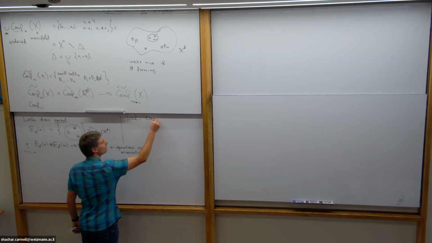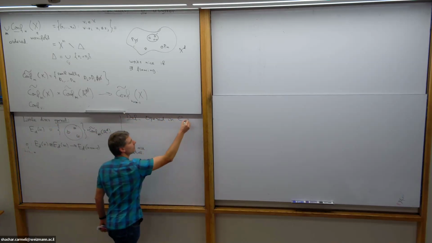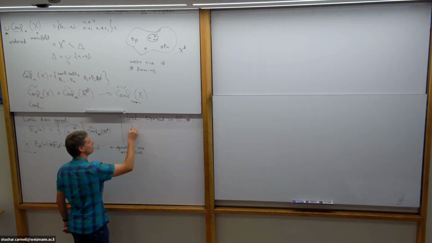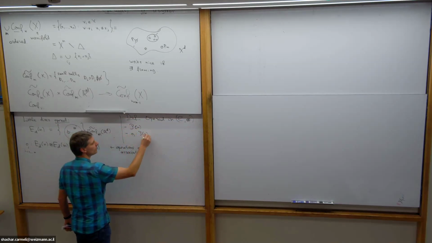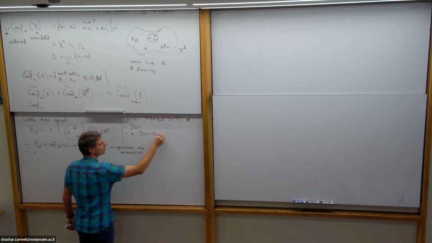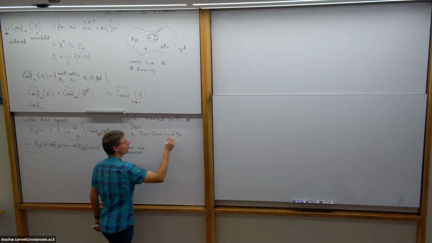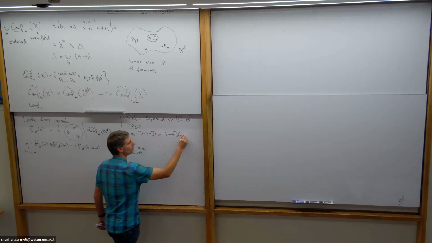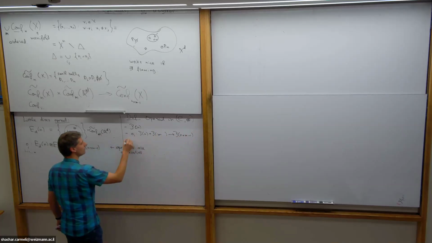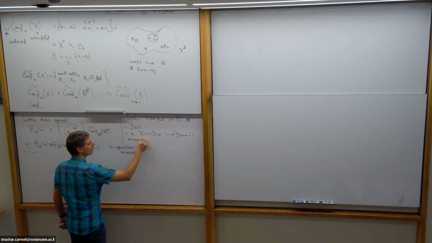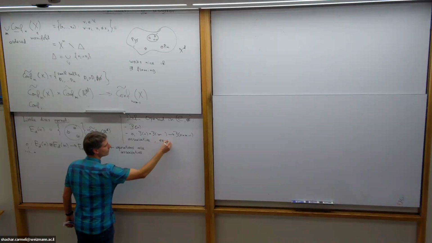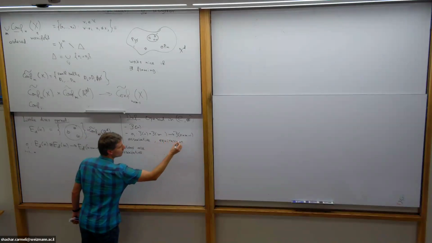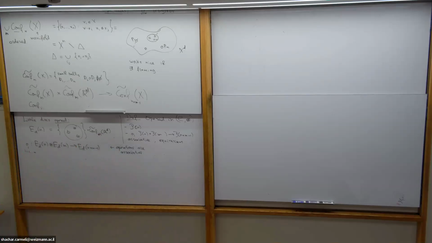The operad in category C consists of the data of a collection of objects P of n and a collection of maps P of n times P of m to P of n plus m minus 1, which is associative and equivariant with respect to renumbering of the elements there.